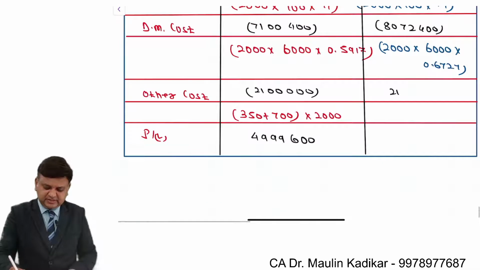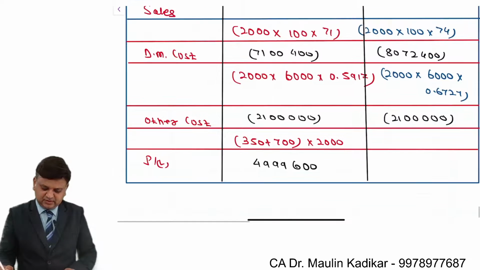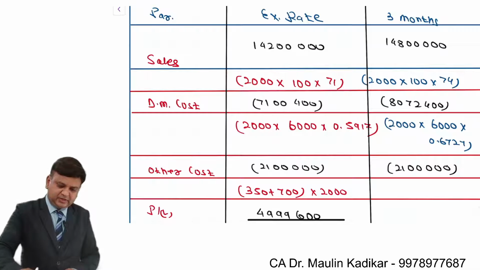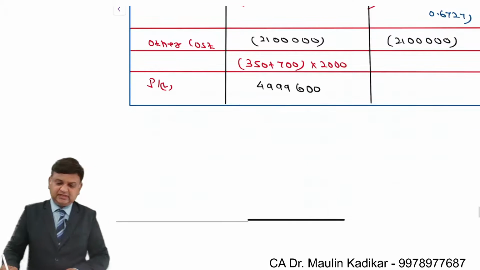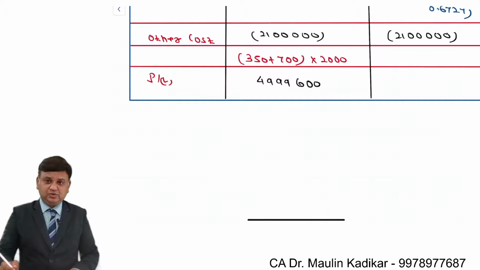This is going to remain the same because it is in the domestic currency, 21 lakhs. So 1 crore 48 lakhs minus 80 lakh 72,400 minus 21 lakhs. So again there is a profit, however the profit has reduced to 46 lakhs 27,600.